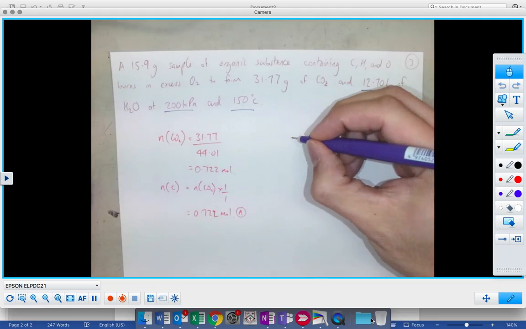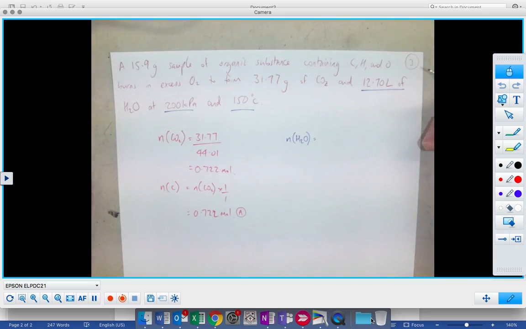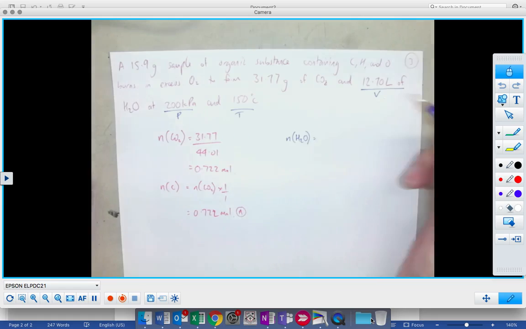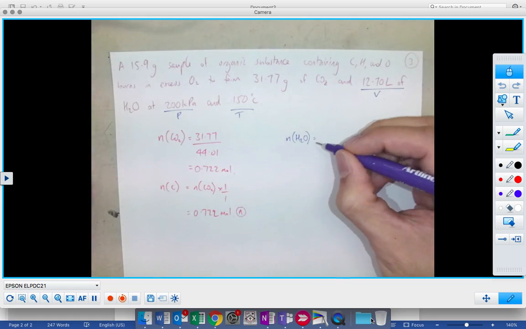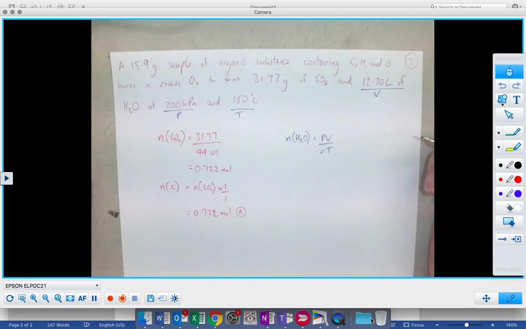Now, to work out the number of moles of water, I have to remember which equation works out the number of moles given these sets of data. I got a V, a P, and a T. Hopefully you remember that n is equal to PV over RT.